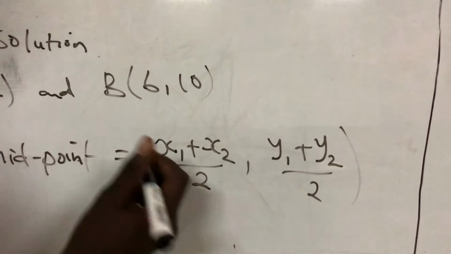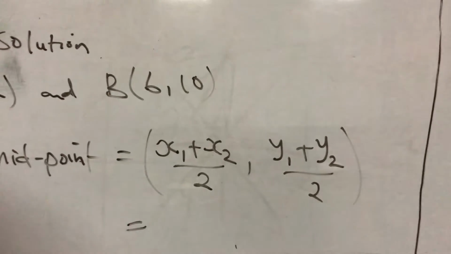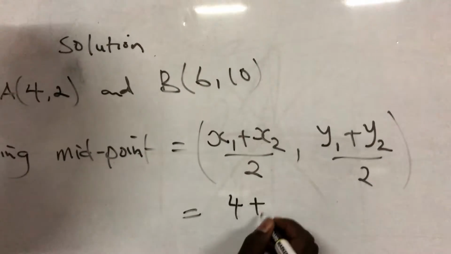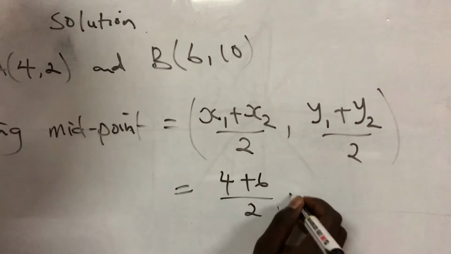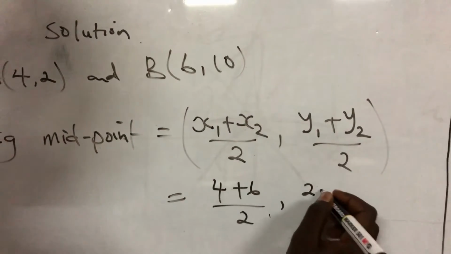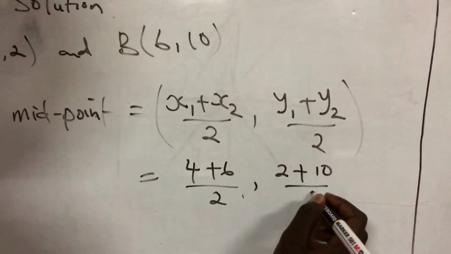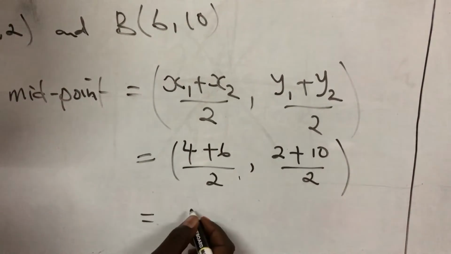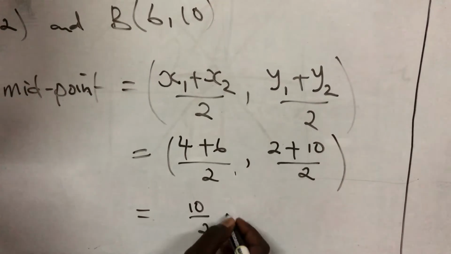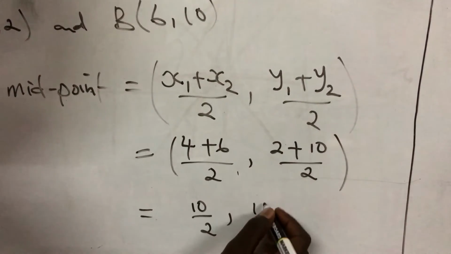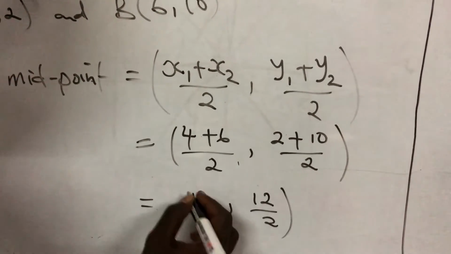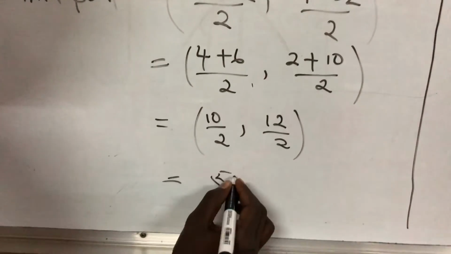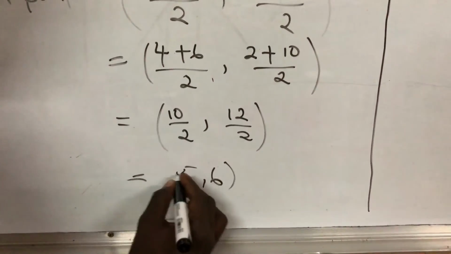This will therefore be (4 plus 6) divided by 2, and on the other side (2 plus 10) divided by 2. 4 plus 6 is 10, divided by 2. 2 plus 10 is 12, divided by 2. And therefore the midpoint becomes (5, 6).